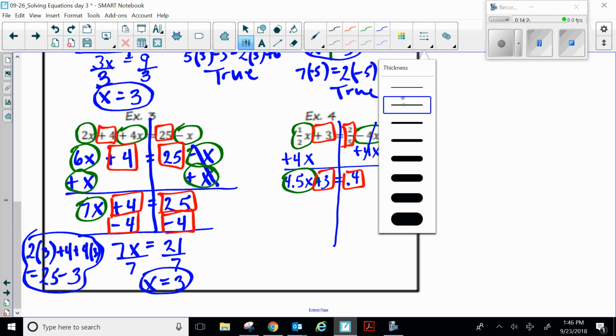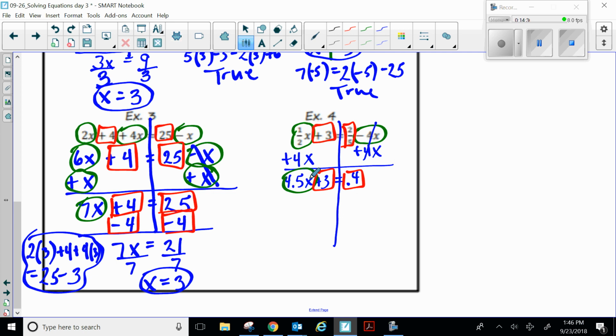So my next step is to get my constant onto one side. I'm going to do that by subtracting 3 or adding a negative 3. So I'll have 4.5x equals negative 2.6.